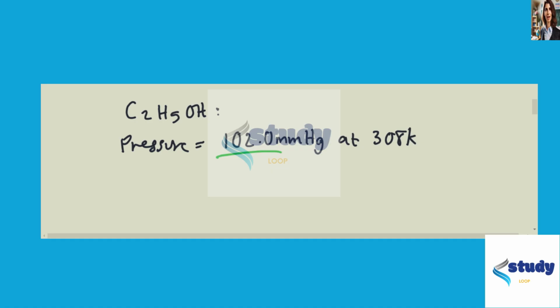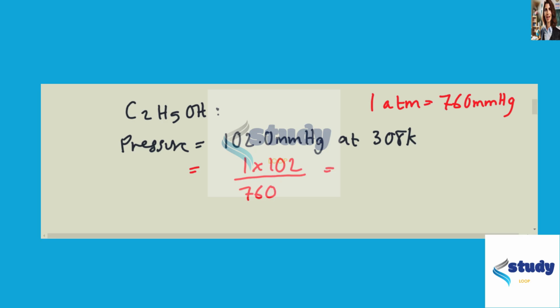So if you remember the conversion rate, you can do it. And that should give you 0.13421 atmospheric pressure of ethanol. And we have the mass of ethanol, which is 0.5 in this case. We must check if more than 0.5 of ethanol has evaporated.